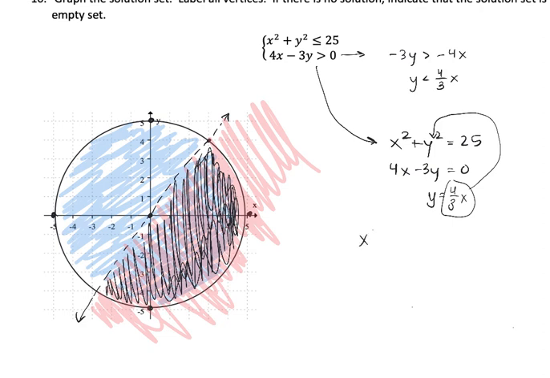So that top equation becomes x squared plus 4/3 x to the second power, and that equals 25. Now 4/3 x squared means 4/3 x multiplied with 4/3 x, so that's 16/9 x squared.